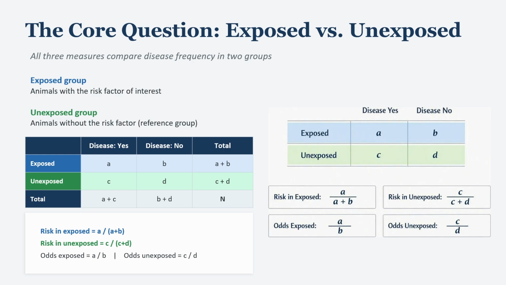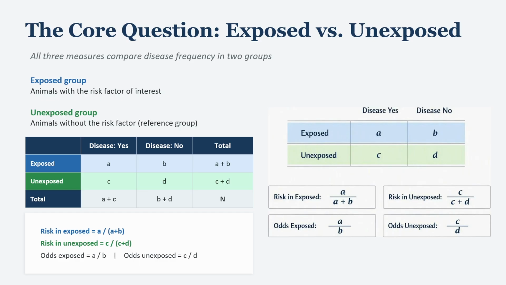All three measures of association are built from the same fundamental comparison. How does disease frequency differ between animals that were exposed to a risk factor and animals that were not? The 2x2 table is our tool again, but now the rows represent exposure status rather than test result. The exposed group is animals that had the risk factor, a specific feed, a pathogen contact, a management practice, a genetic trait, whatever we're studying.